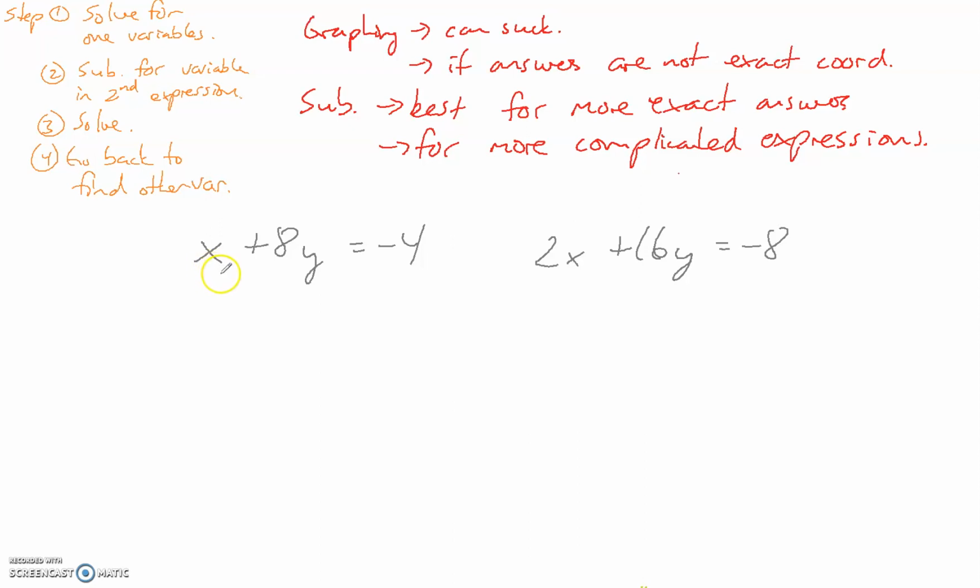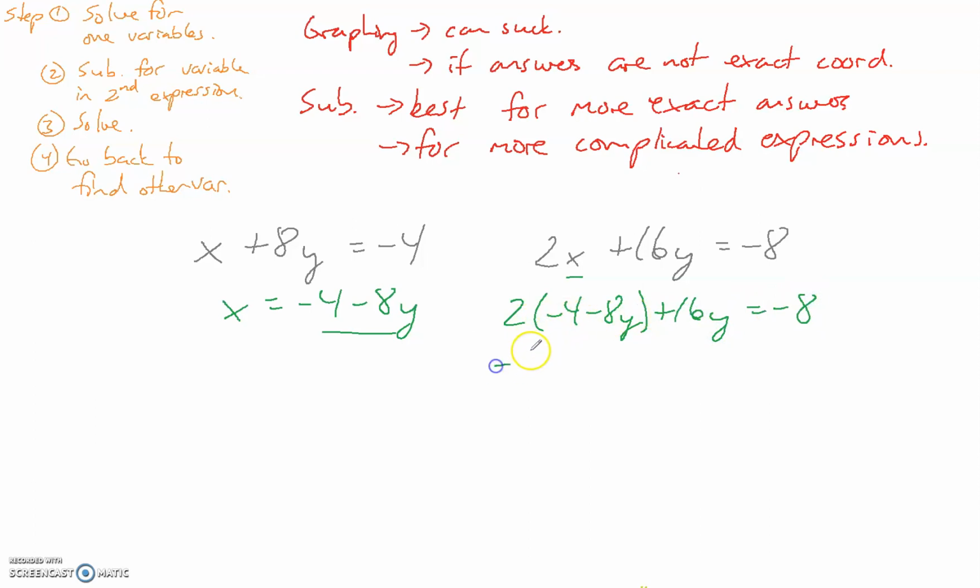Well, I've got the x by itself over here, so I'm going to solve for that. x is going to be equal to -4 take away 8y, and then I'm going to substitute that in right there. So I've got 2, that's -4 take away 8y, plus 16y is equal to -8. So multiply this out. -8 take away 16y plus 16y is equal to -8.